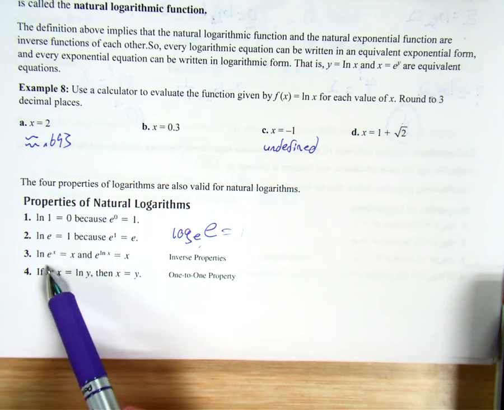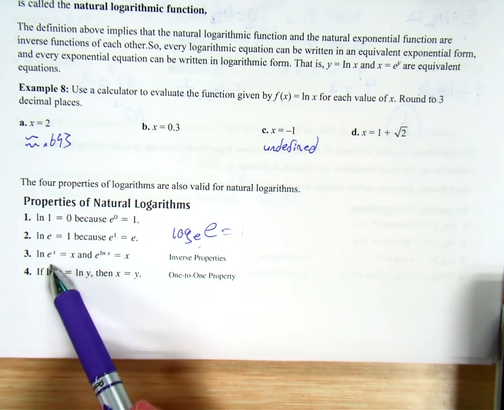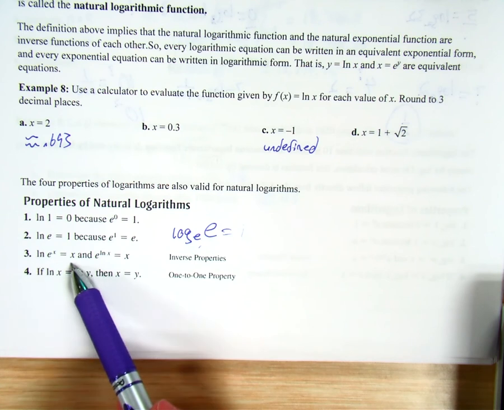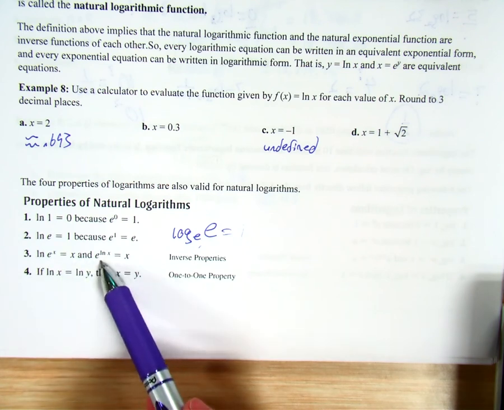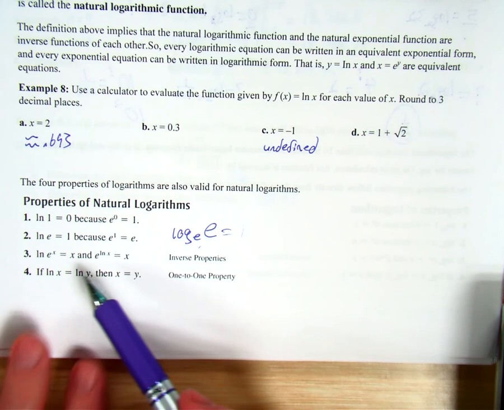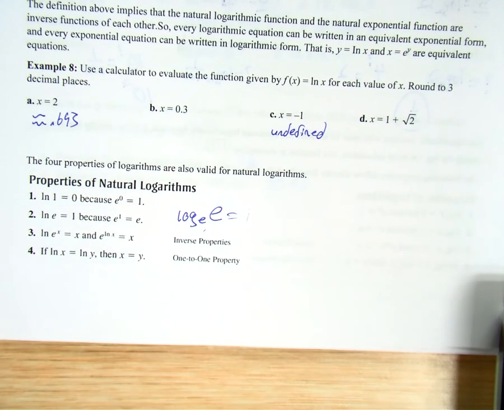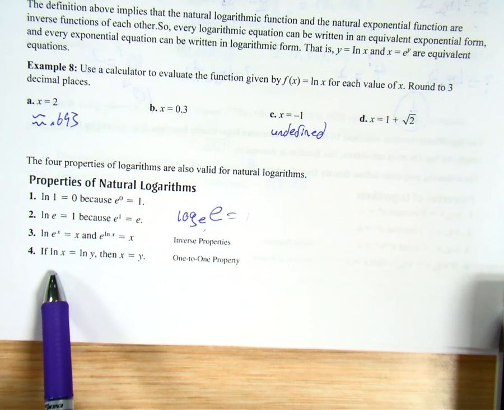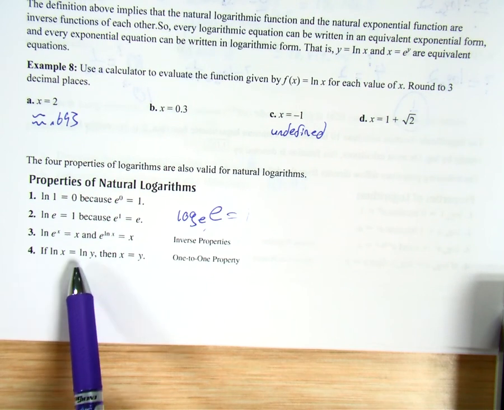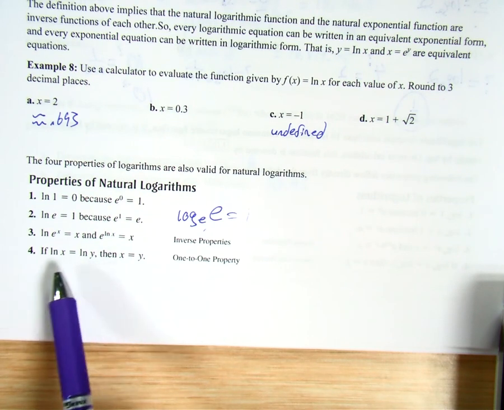Okay, natural log of e to the x is going to cancel out to just x, and e to the natural log of x is going to cancel out to just x, because you're doing log and an exponential of the opposites. Remember, natural log is log base e. And just like with the other logs, natural log of x equals natural log of y, then we can compare x and y.